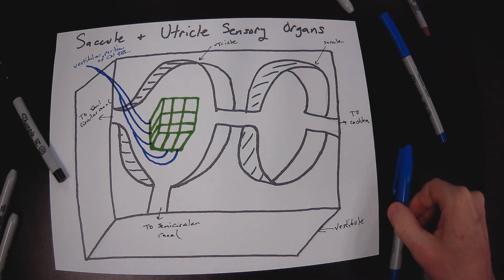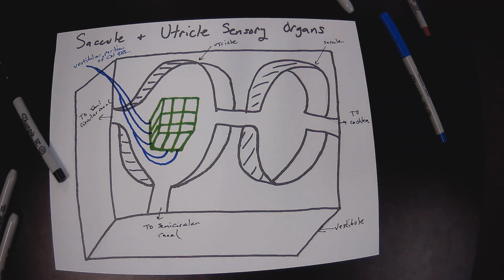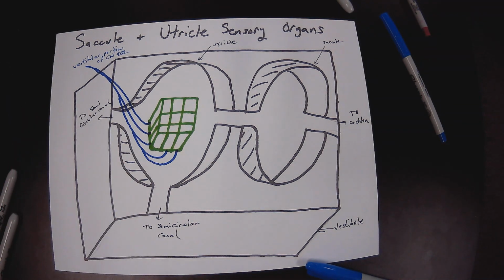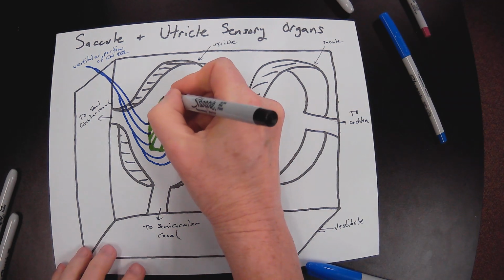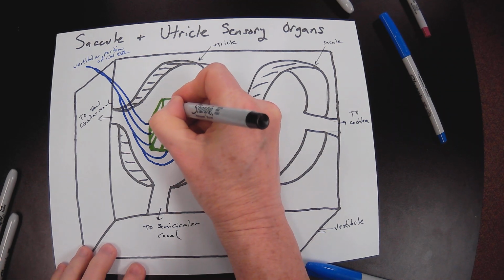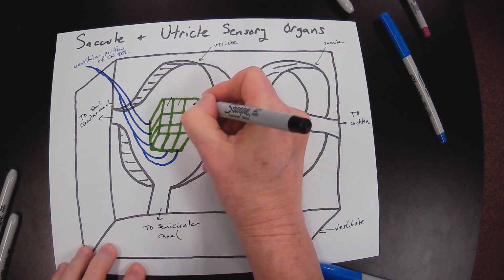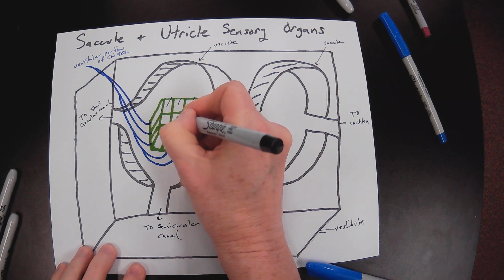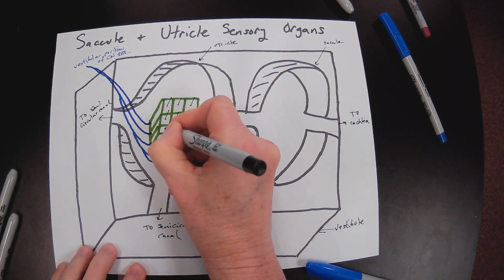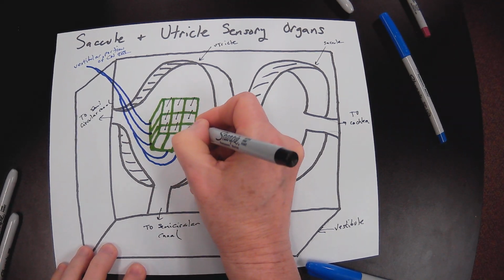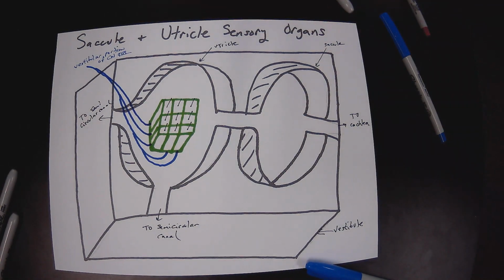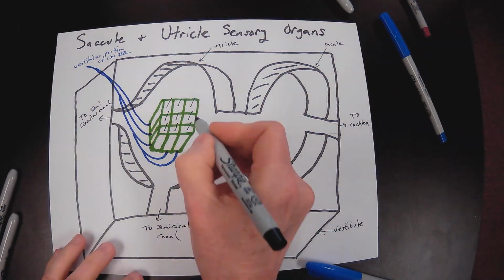Okay, so these tall cells actually have cilia. Does everybody know what cilia are? The hairs? Yeah. So coming out the top of these tall cells, they have cilia sticking out the top. Each of the cells has cilia sticking out of the top.